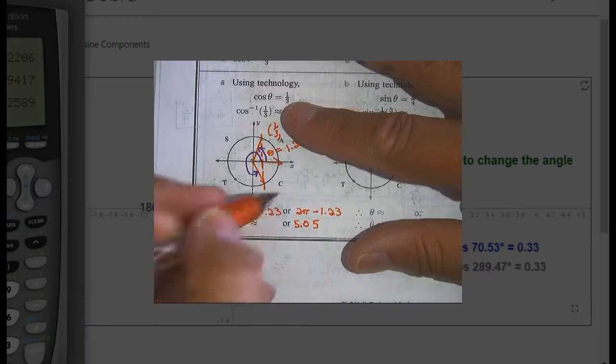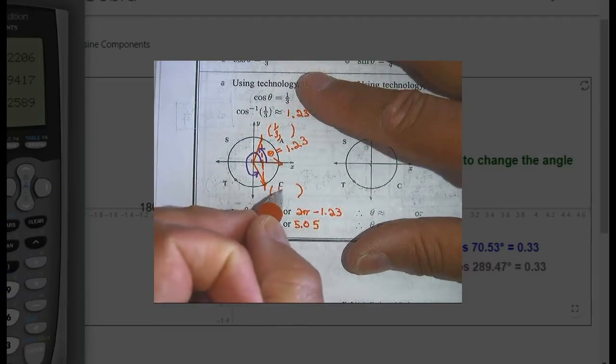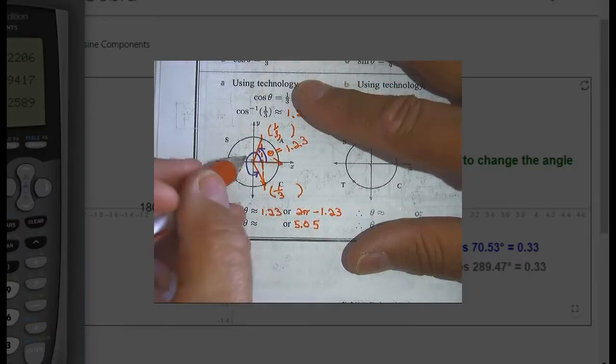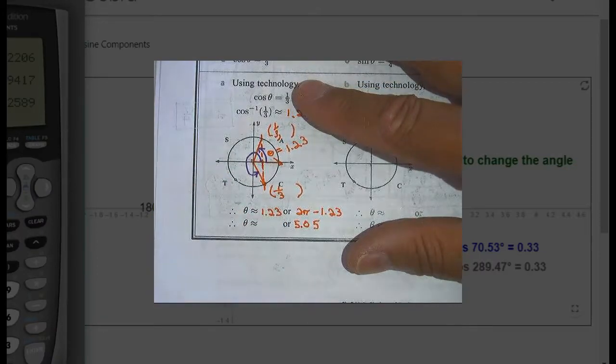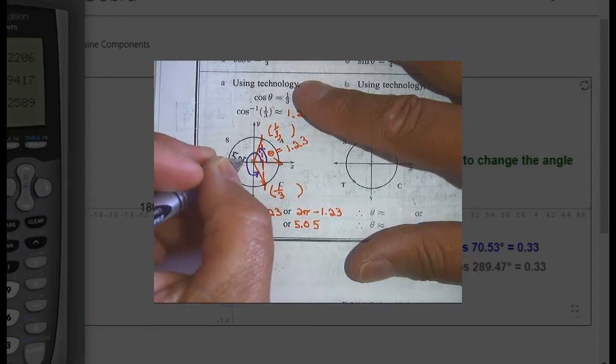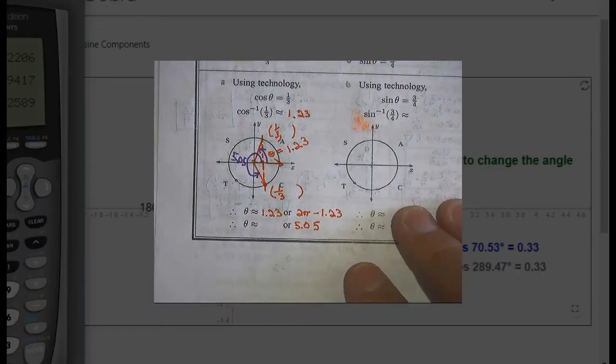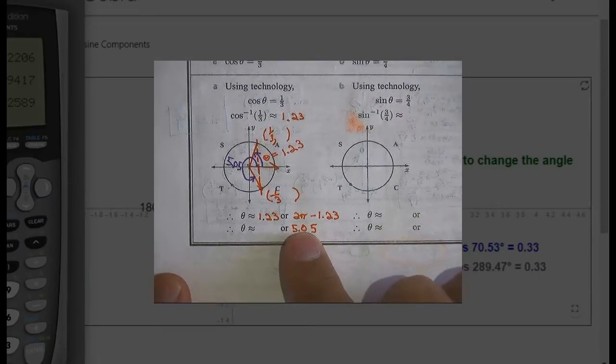This is going to have a cosine of 1/3, and the angle is 5.05. That was our second angle.